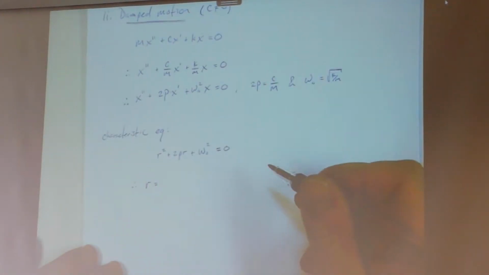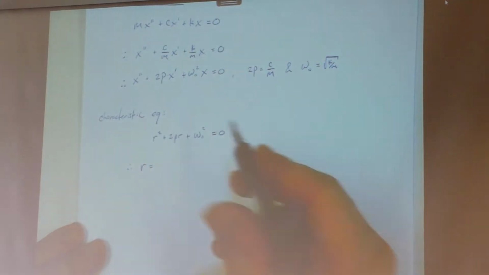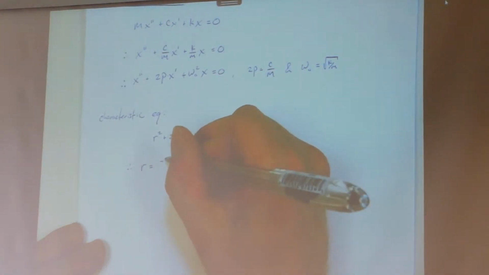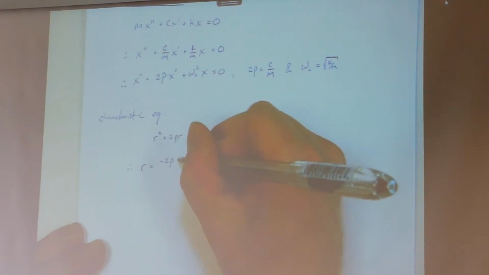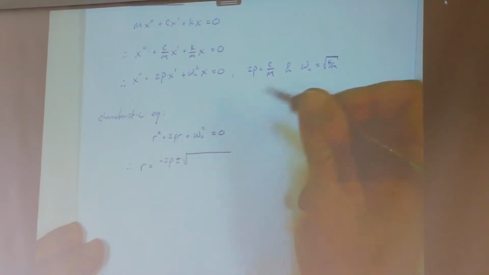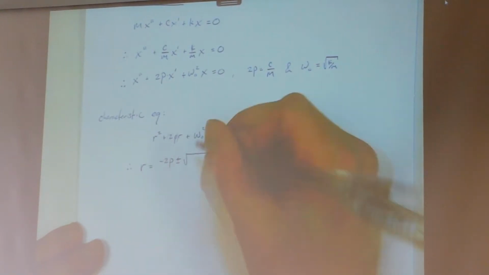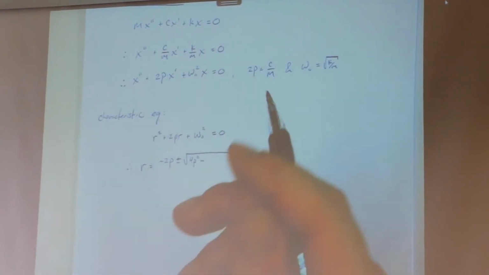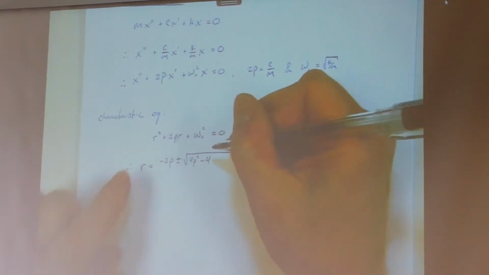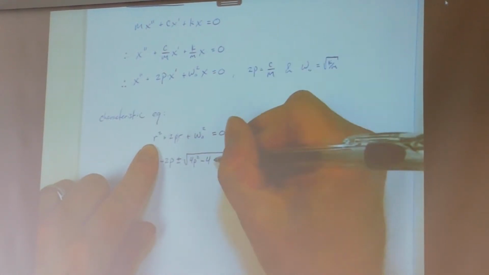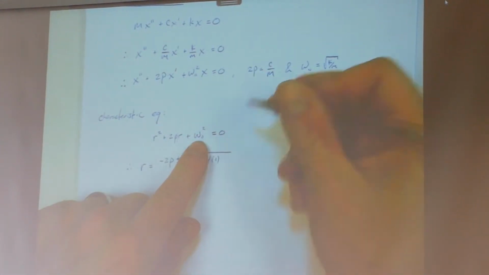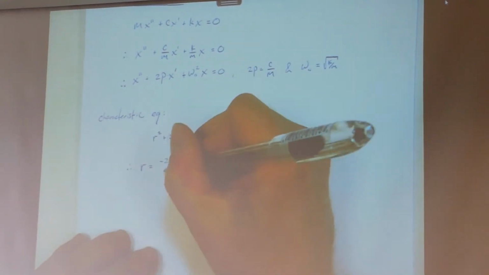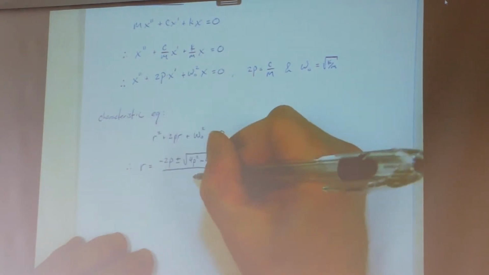So R would be equal to, using the quadratic formula, the opposite of that coefficient, so it would be negative 2p, plus or minus the square root of that squared, so that's 4p squared, minus 4a, the leading coefficient is 1, c, and that's omega naught squared, all over 2 times a, so that's 2.